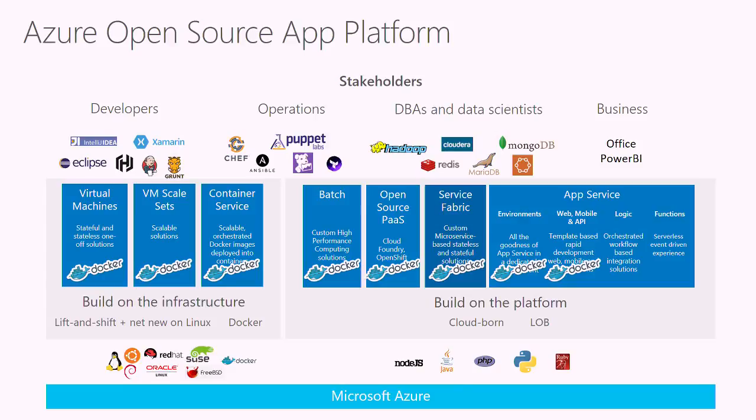Azure Batch, which is targeted at high performance compute workloads. We've got things like OpenShift and Cloud Foundry, Service Fabric, which is our own microservices orchestrator, and things like App Service. And all of them, bar Logic Apps and App Service and Functions, support Docker as a deployment format.